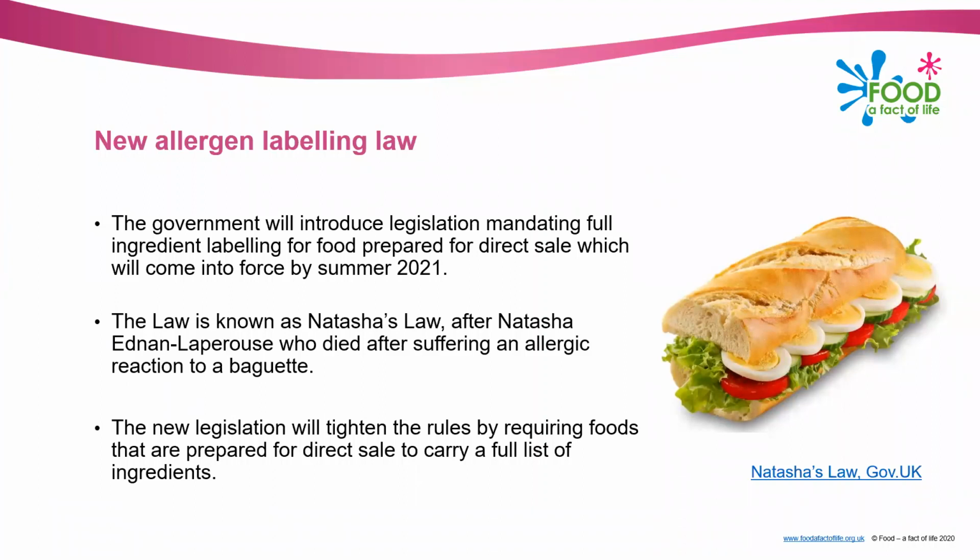This new legislation has been put into place to tighten the rules by requiring foods that are prepared for direct sale to carry a full list of ingredients on them. And again, that's really sort of the most recent update in terms of food allergen labeling that's going to come into play.